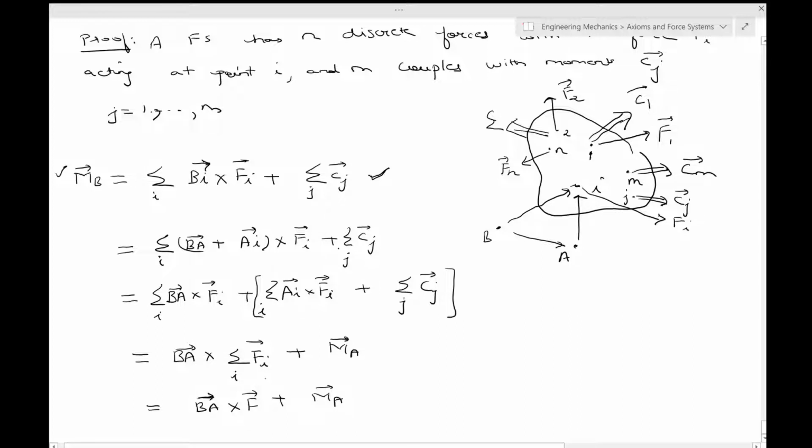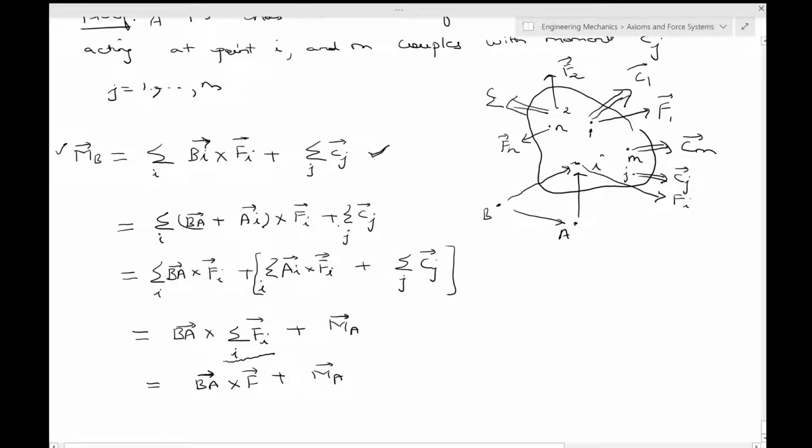You should recall where we had said that sigma Fi will be equal to F. F is the summation of all the external forces.